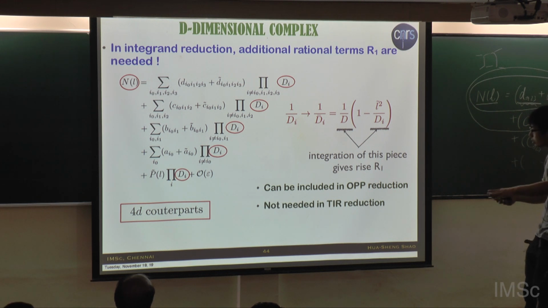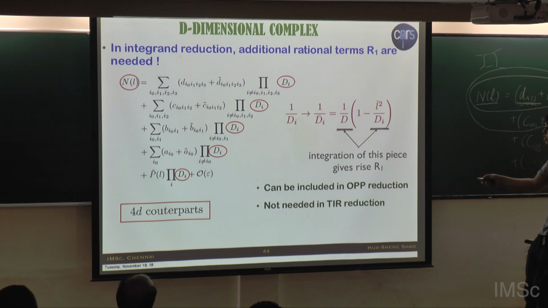I won't go into details of how, but the point is that this can also be included directly into extracting the coefficients. This is not needed in what we call R1, another rational term coming from the denominator, and this can be systematically included in OPP.